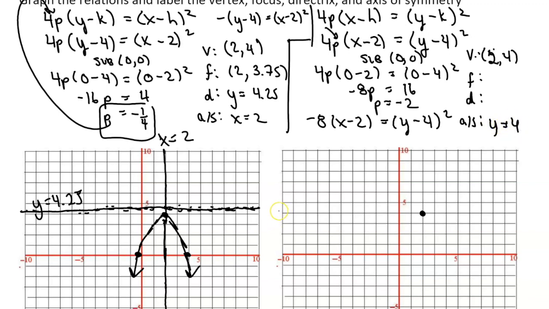And let's put that in right away. And then to find the focus, if our p value is negative 2, then our focus would keep the exact same y value, and we would have 2 plus negative 2. So you would have a focus of (0, 4).